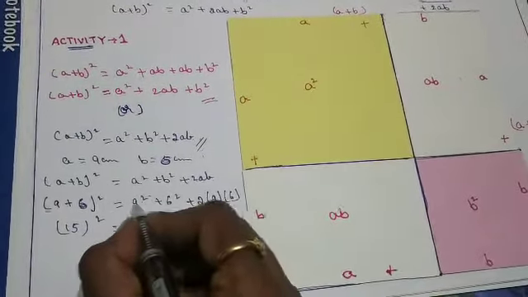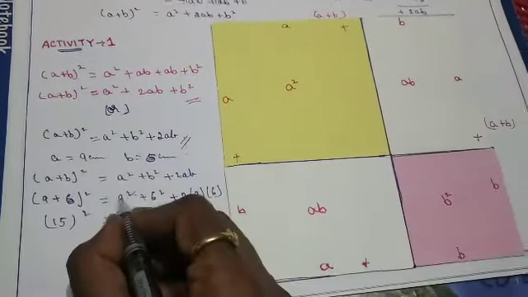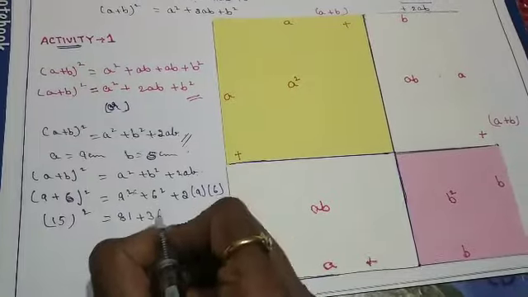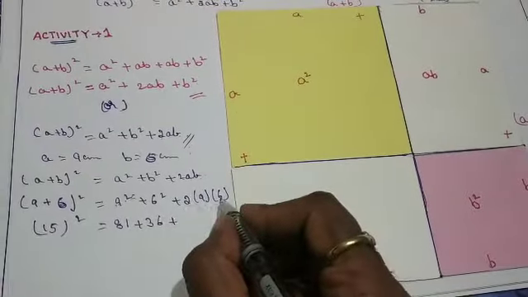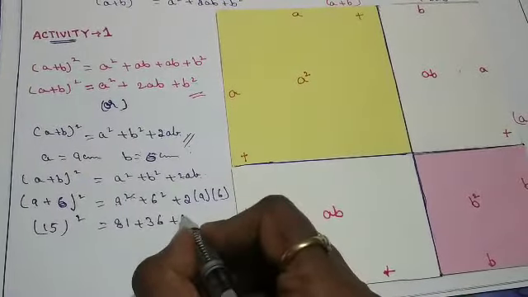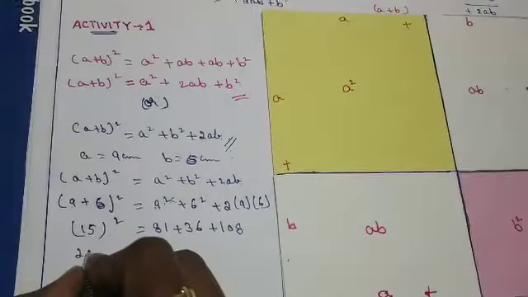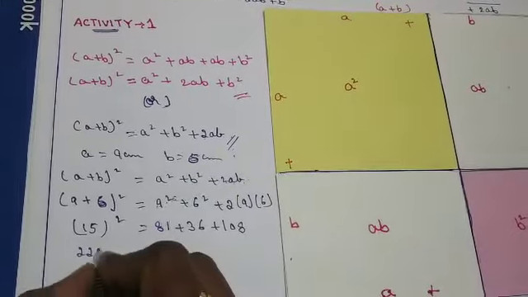Then it is equal to 9 square. We have learned the square of a number, right? 9 square is 81, plus 6 square is 36, plus 6 twos are 12, 12 nines are 108. Then sum up: 15 square is 225.